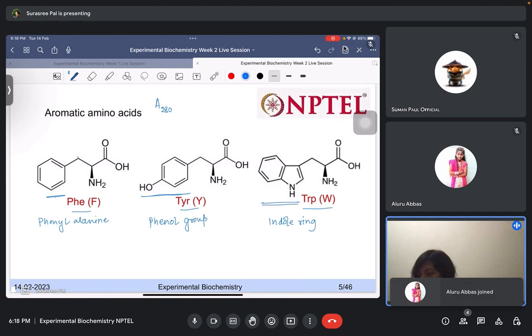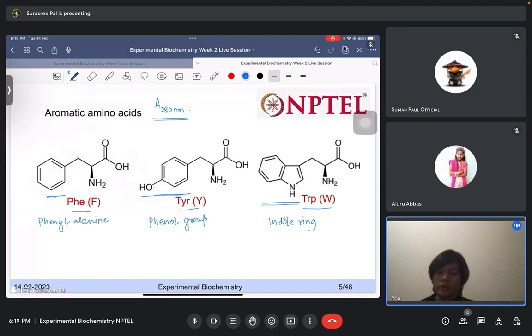When we try to measure the concentration of proteins using a spectrophotometer, we check the absorbance of proteins at 280 nanometer wavelength, and these are the amino acids responsible for giving this absorbance. And remember that if the protein is completely devoid of aromatic amino acids, then it will not show any absorbance at 280 nanometer. All right, so these are the aromatic amino acids.